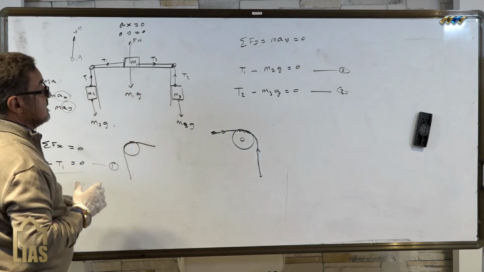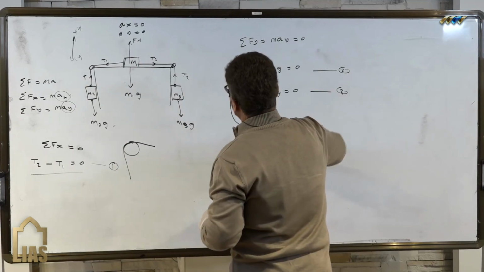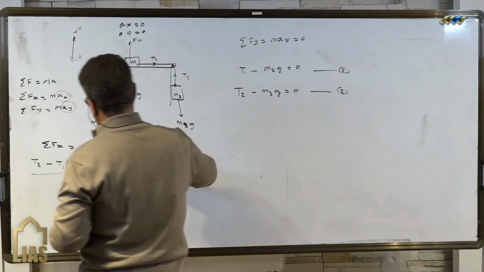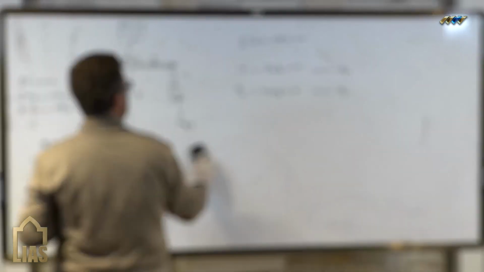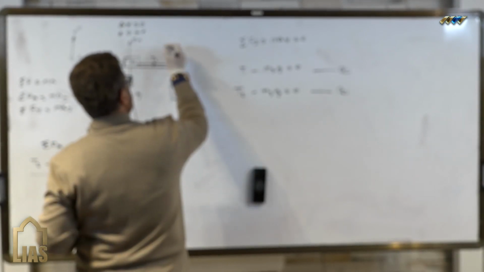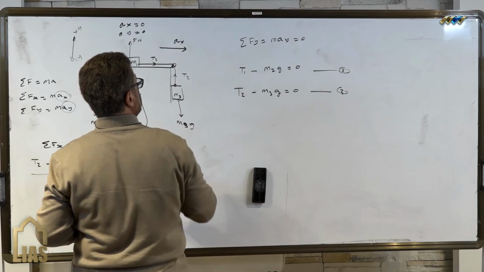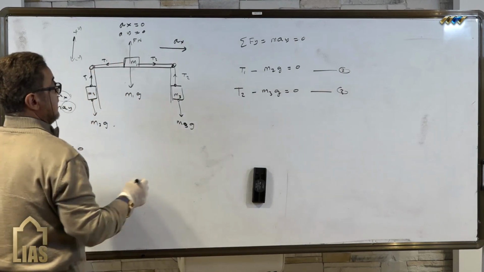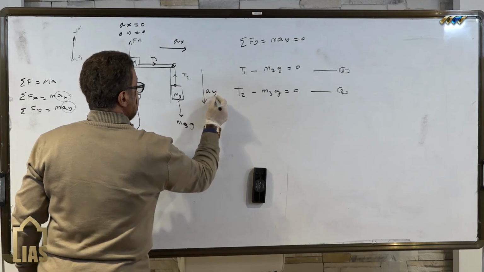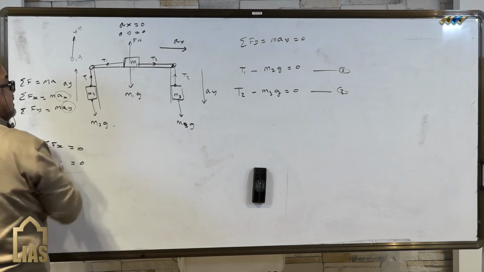Okay, let's move this mass. Okay, let's move this mass here. If we move this mass here, x this way, okay? We have also here ay. We have here ay.